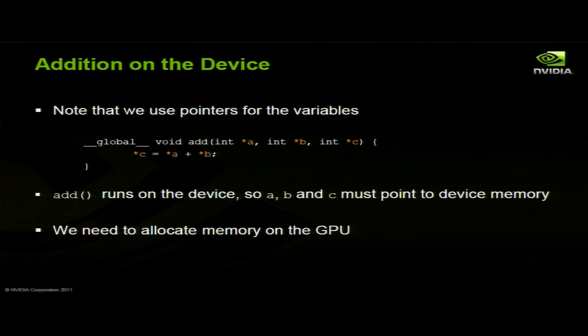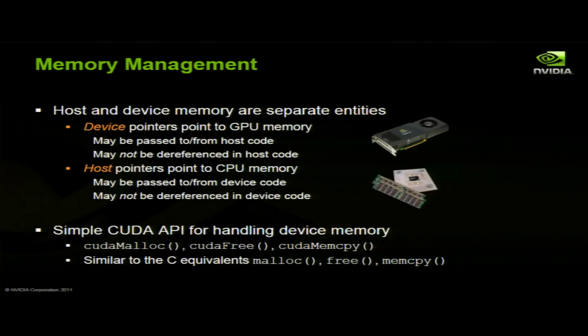So first, you are using pointers and we need to allocate that memory on the GPU. How do you allocate memory on the CPU? What are the APIs that you use? Malloc and new, right? So what is it on the GPU side? We'll see. A device pointer points to the GPU memory, a host pointer points to the CPU memory.